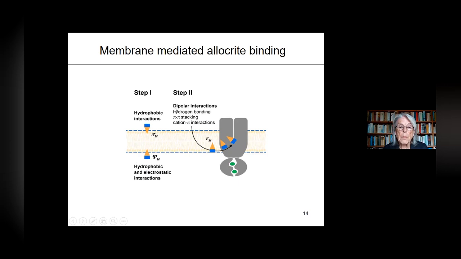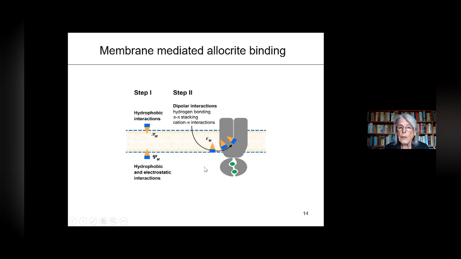The second step is these dipolar interactions in the very low dielectric environment. In the middle, it's about epsilon equals 2. In the interface, it's about 30 to 40. And in the aqueous phase, it's 80.